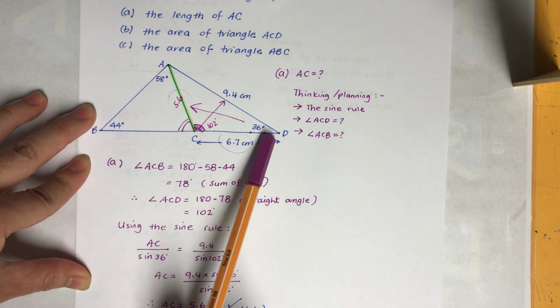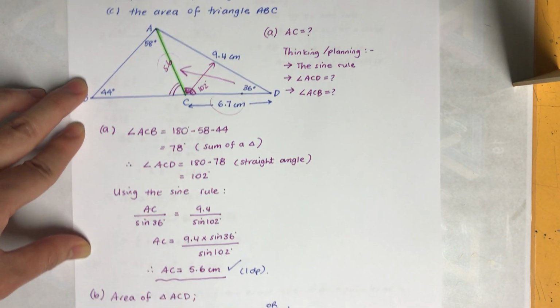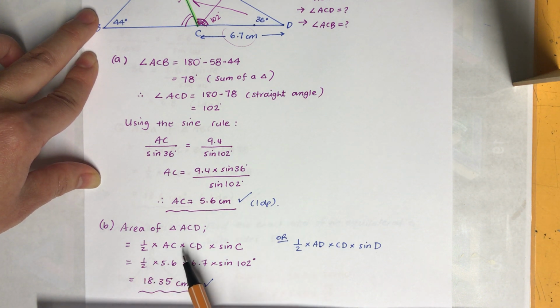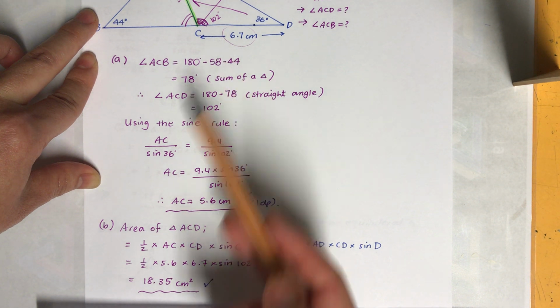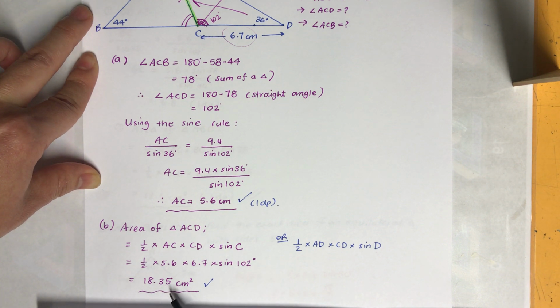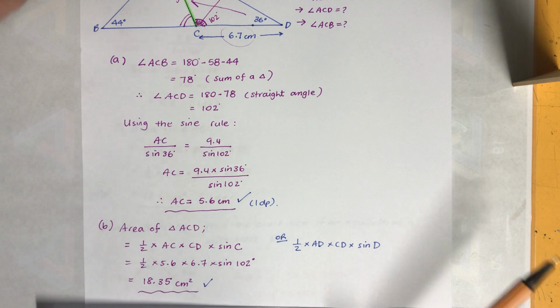So I've got all this three information I need. I can find the area. So it will be half times AC times CD times sine C, which I have all the information up there. Half times 5.6 times 6.7 sine 102 degrees. I will get 18.35 centimeters squared.